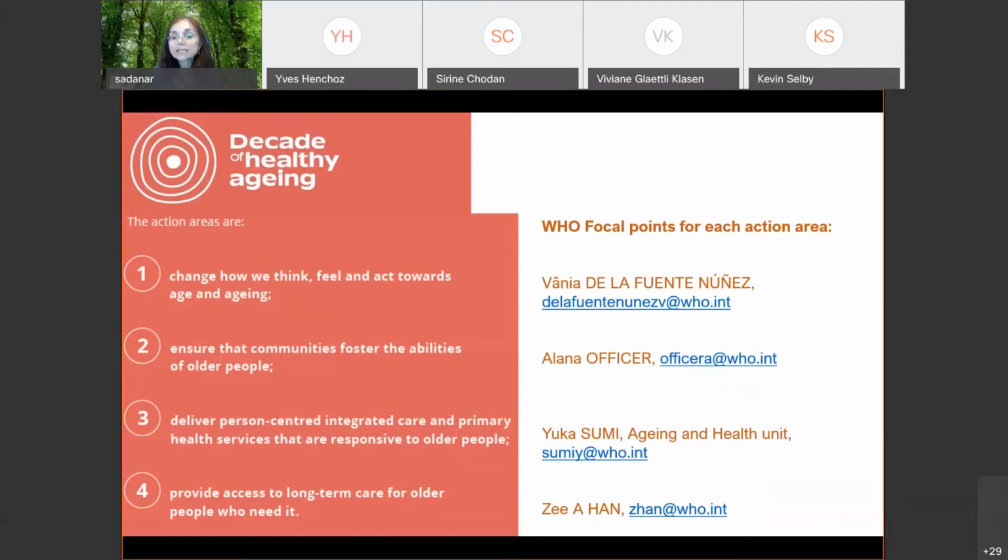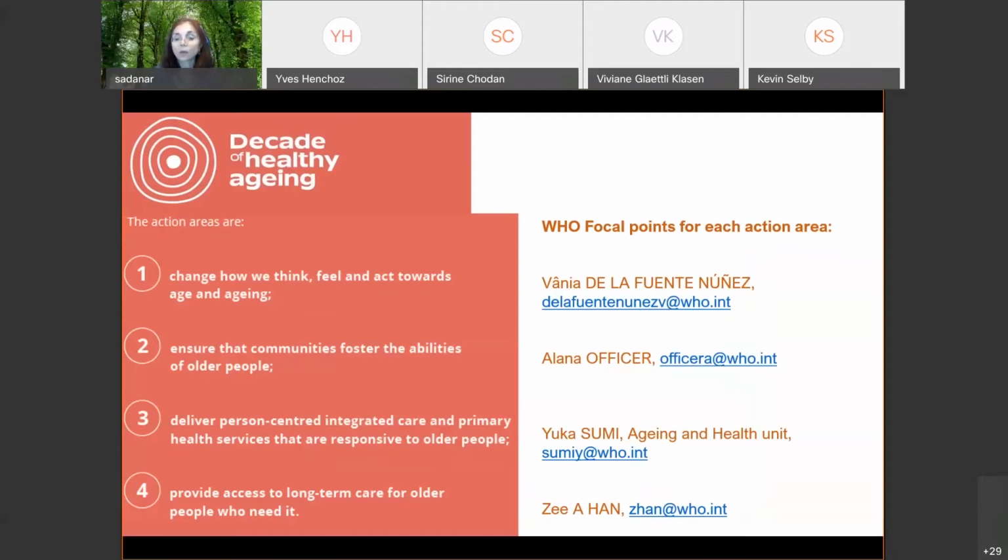This is critical as a key component of what is expected from WHO, to provide clear guidance on how we can better organize care so that it is coordinated and focused on the overall needs of older adults, recognizing that there is a huge diversity in the types of needs for services, whether preventive, promotive, treatment, rehabilitative, or palliative.